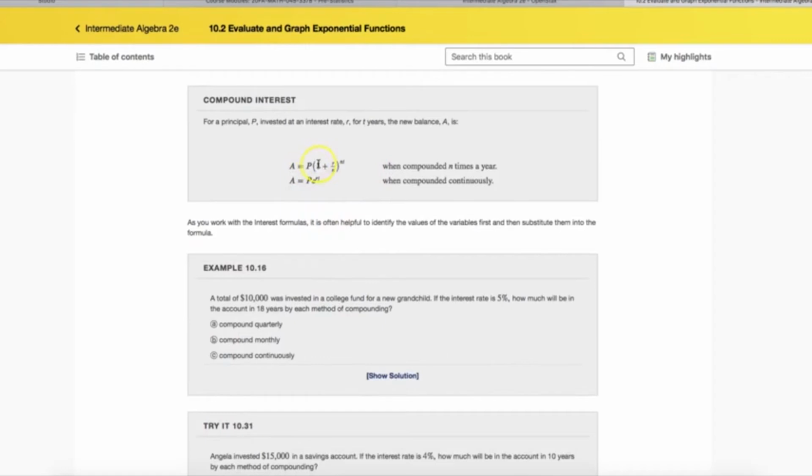And so, like I said, what it means is you're growing with interest, but that is spread over smaller and smaller pieces, and you gain interest on interest, okay? So what we're going to do here is write down this formula. We're actually going to write down both of them, and I'll talk about what they mean. And then we'll do an example similar to the one in here, okay?